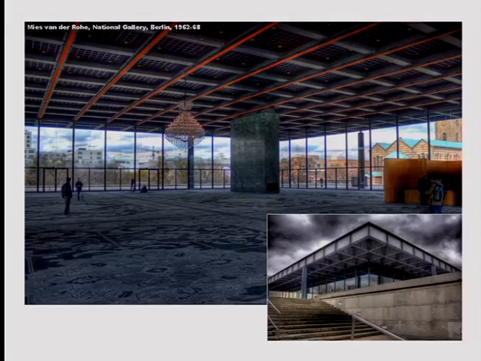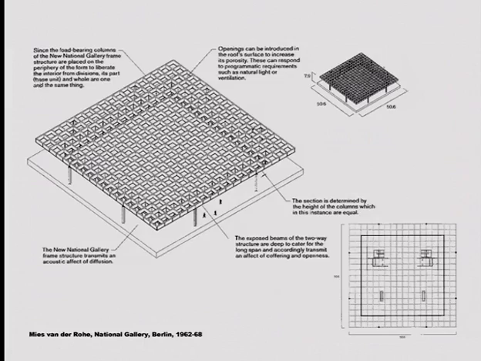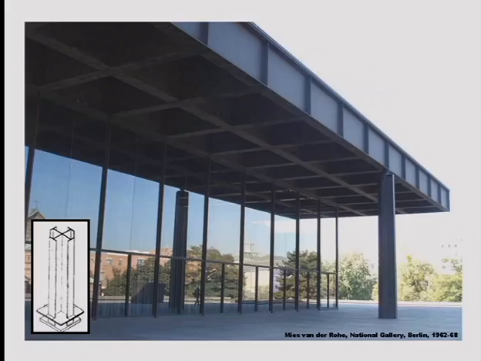Another example, probably the most interesting in terms of steel, is the National Gallery in Berlin. We've got a very wide span, and there is a waffle structure for the roof, but the issue is that we want the minimum amount of supports. So look at this, 2, 4, 6, 8 columns on the 4 sides, and apparently they have been custom made.